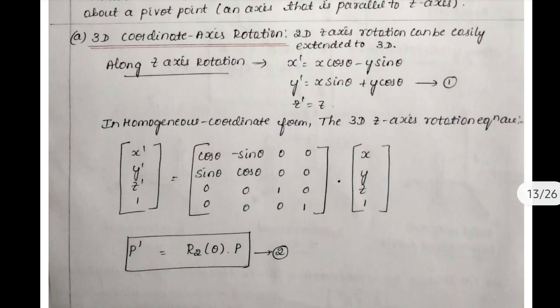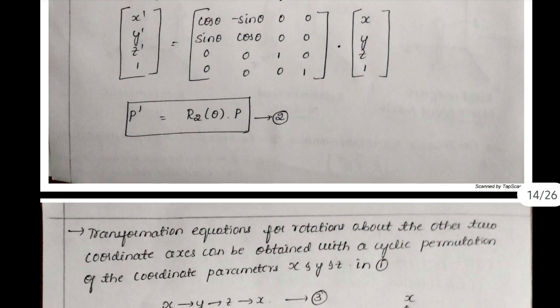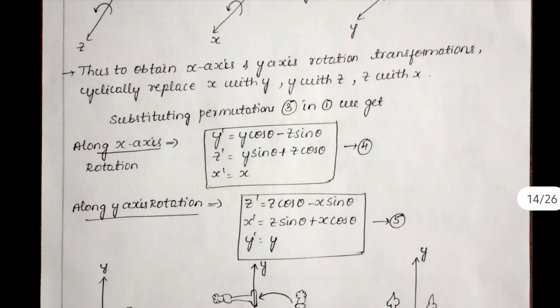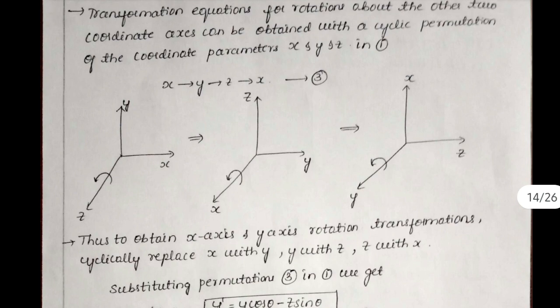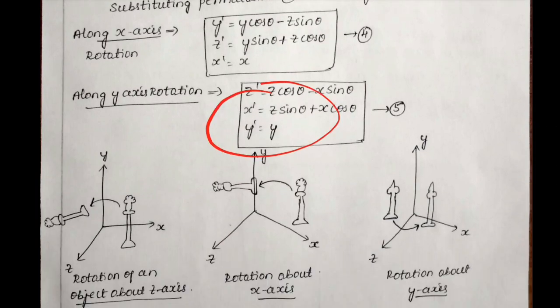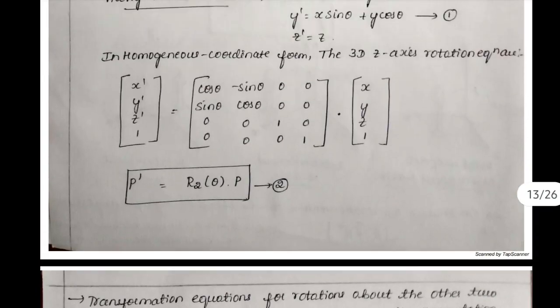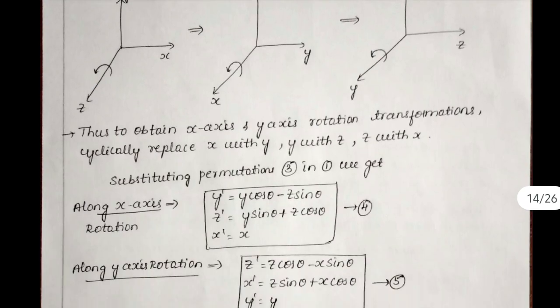Okay, so the homogeneous coordinate matrix for the 3D z-axis rotation is this one. For the z-axis, it is this one, and these will be the points you will be multiplying with this matrix here. And in the same way, if you want it for the x-axis, you will just interchange x with y, y with z, and z with x as it's given here. And if you want it for y, you will do the same thing here. Just make sure that you have memorized these equations, and keep in mind, if it's for the z-axis rotation, z dash will be equal to z, and the rest will not have z in the terms.